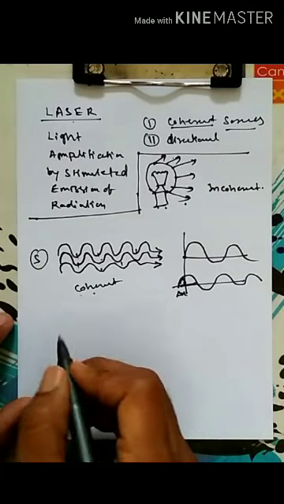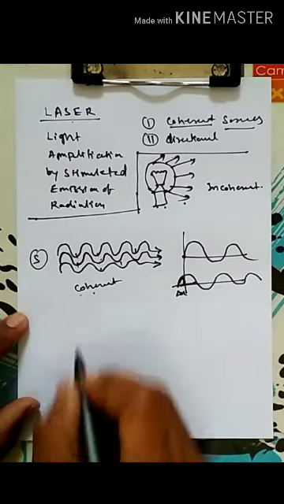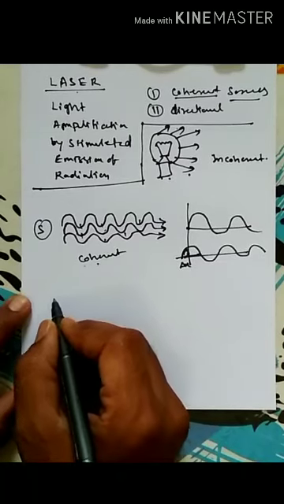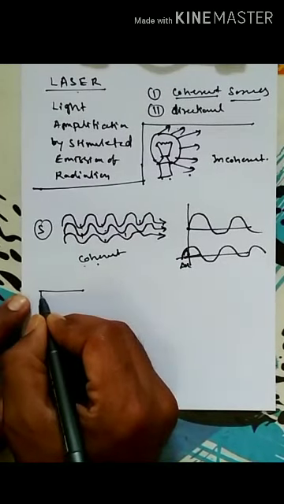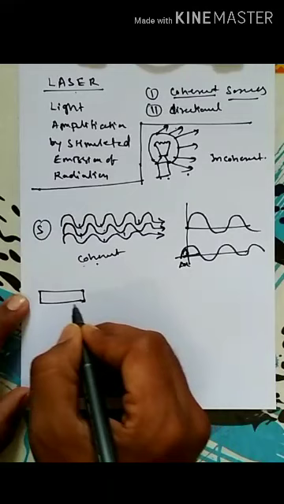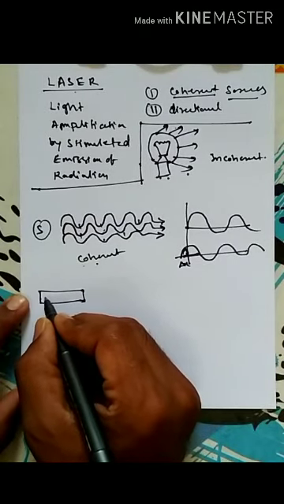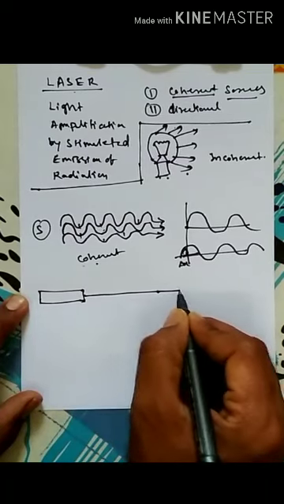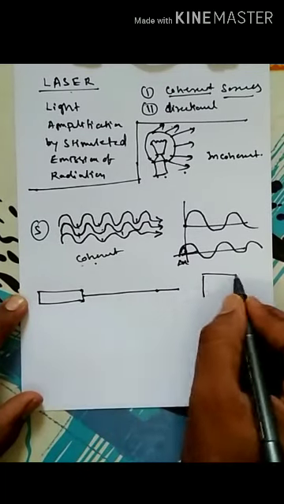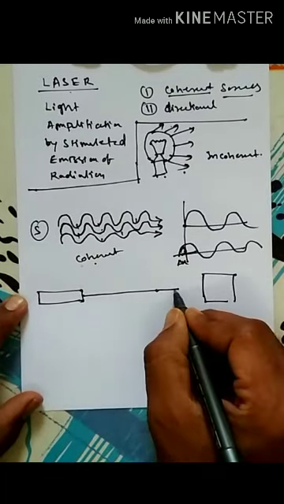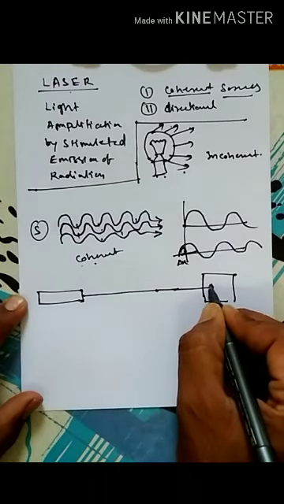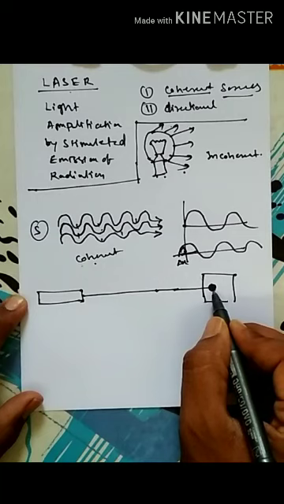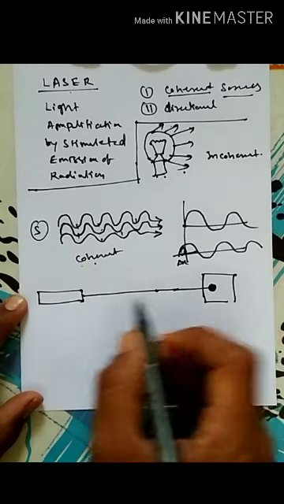Now, what is the importance of a coherent source in laser? What happens, friends, if you are using a laser source like this, suppose this is a toy laser available in the market, and it is pointed on a screen? The screen has a bright, sharp dot. Why?